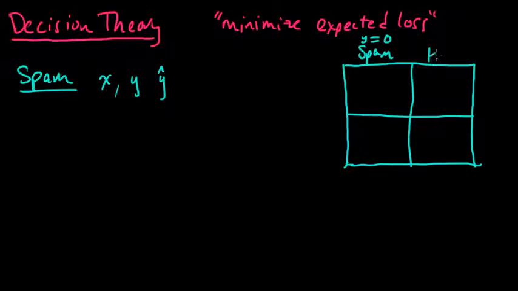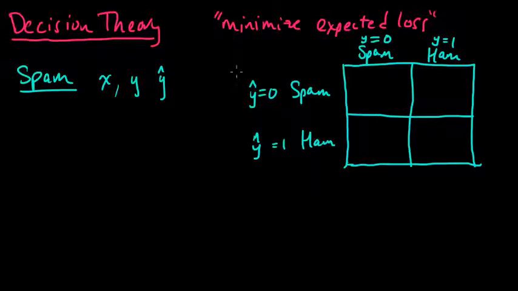And if it's good email, we'll call it ham. So that's Y equals 1. And it's the true because it's Y. And here we'll put spam and ham, and this is what we classify it as. So this is Y hat for our prediction. Y hat equals 1. So this part is prediction, and this part is true.